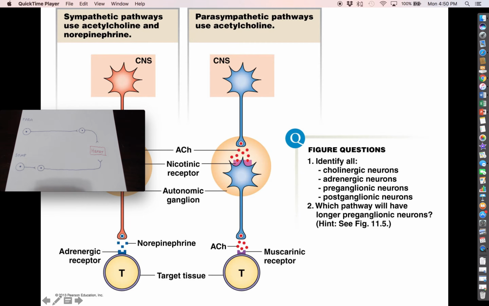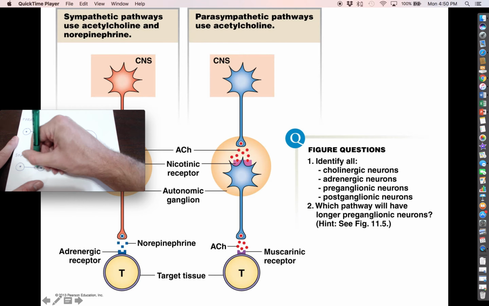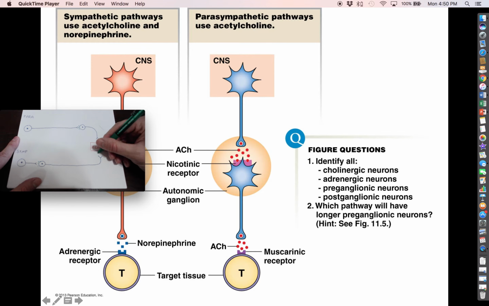So think about it like this. If we did live in a world where things were nice and simple and we used acetylcholine for everything, so if every neurotransmitter that I've drawn here is acetylcholine, how could we possibly get different effects from the parasympathetic and sympathetic division?